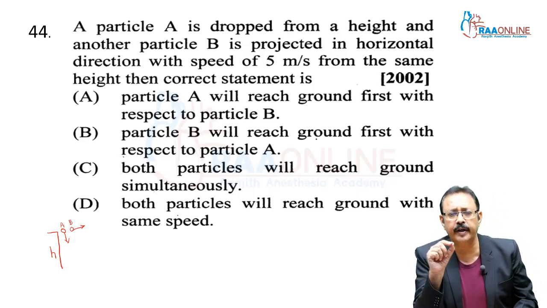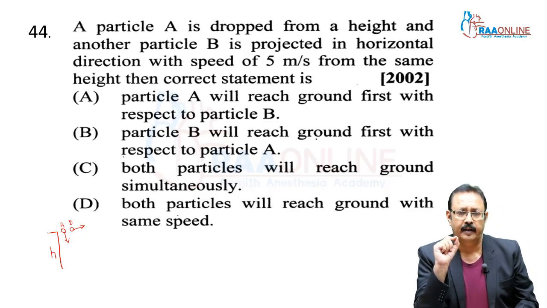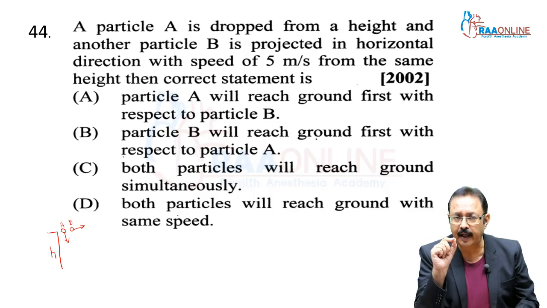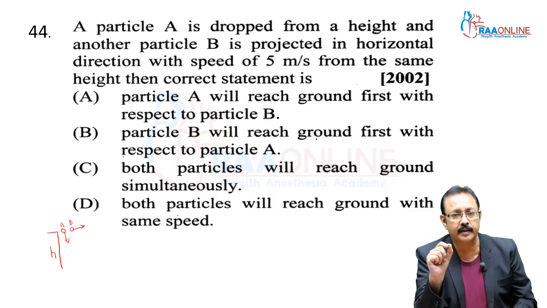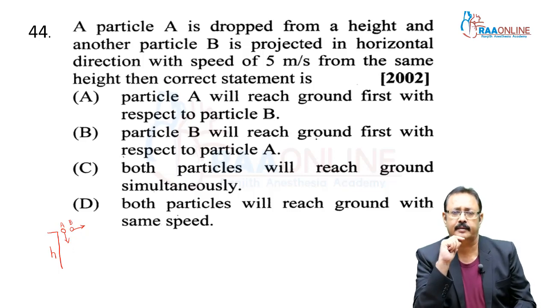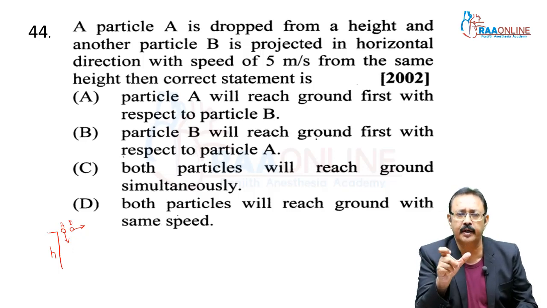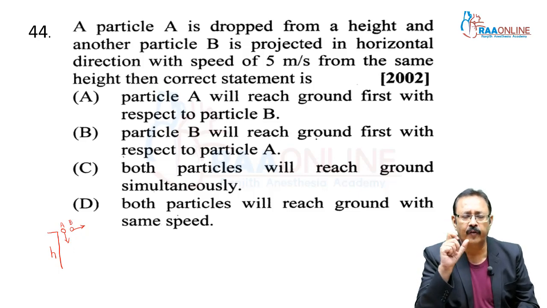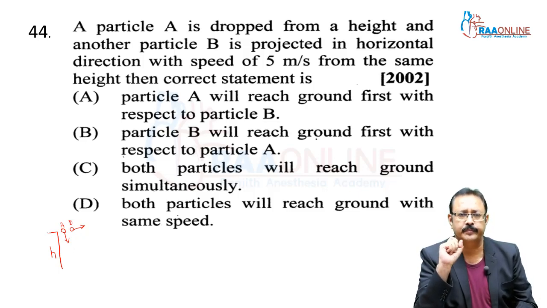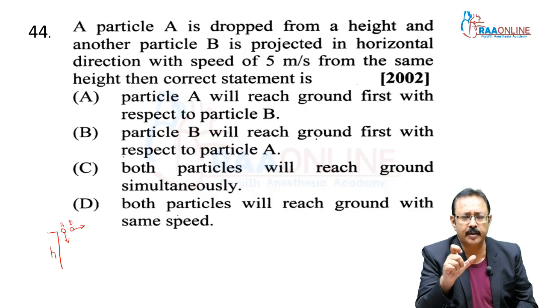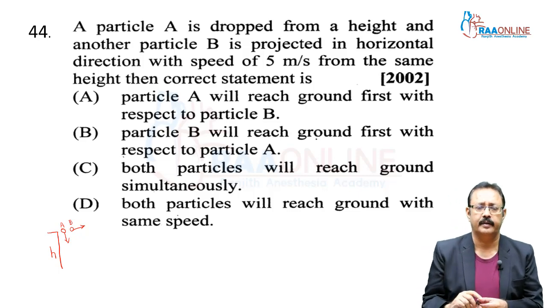Particle is moving towards ground due to gravity, and gravity will produce a constant acceleration on both the particles. So it is the motion under constant acceleration in a straight line. What time it will consume to reach the ground?